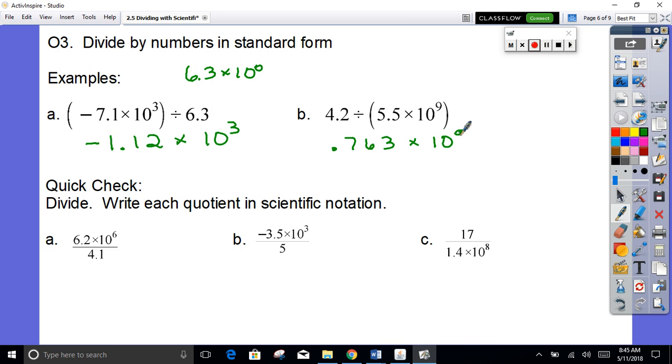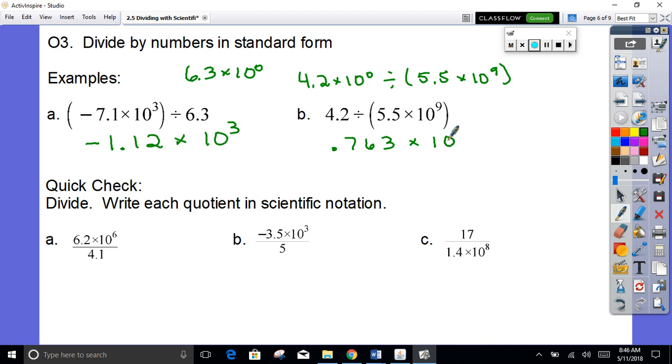I'm sorry, wait, let me go back on this one, I'm going too fast. This one, since we are taking a number in standard form and dividing by a number in scientific notation, we're actually subtracting this exponent. So this is like 4.2 times 10 to the 0 divided by 5.5 times 10 to the 9th. So we're doing 0 minus 9.